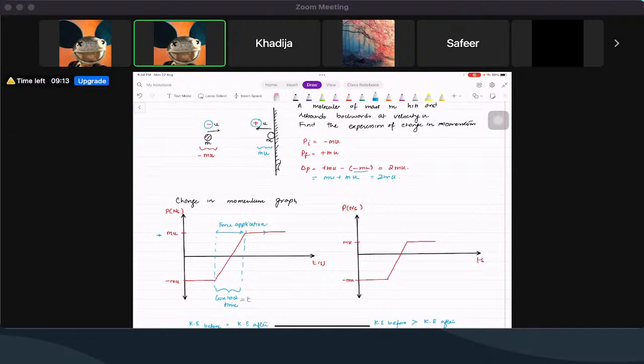Now, if I find the gradient of this line, it would give me the change in momentum. How do I know this? Because the gradient would be mv minus mu. Do you guys agree?